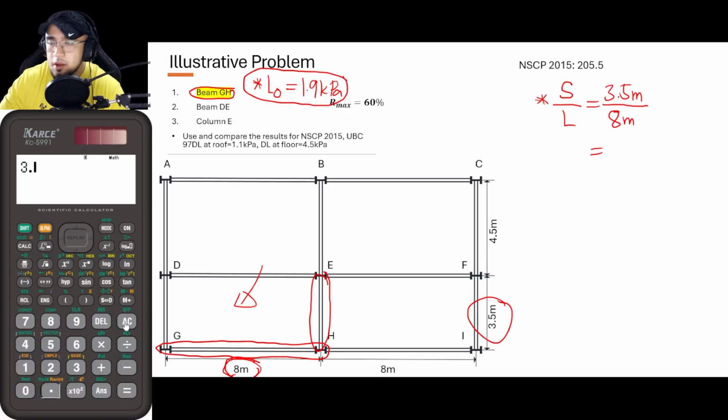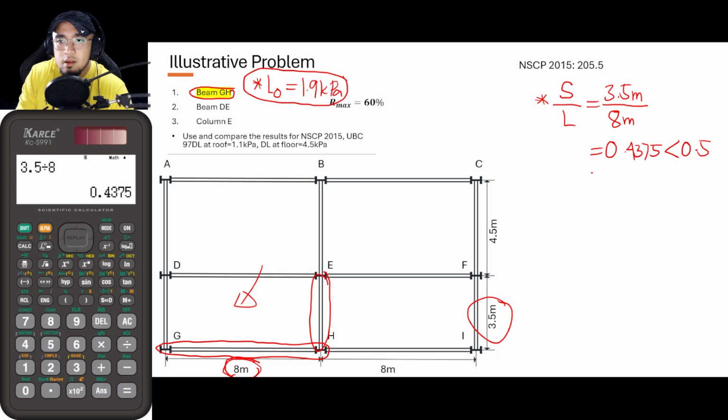That is 3.5 over 8.5, I mean 8, I should say. That is now equal to 0.4375. And as you can see, it is less than 0.5. With that being said, this is considered a one-way slab or one-way distribution.